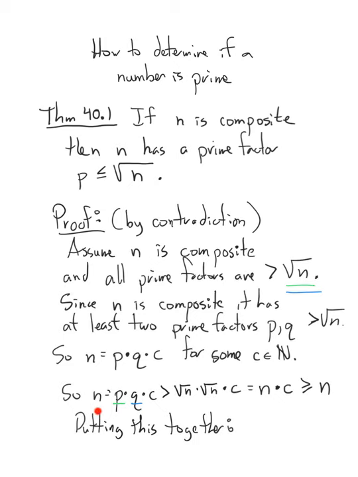We started with n, and we got that it was greater than, and we ended with n. You can see all these inequalities are greater than inequalities, so we're not switching directions anymore. So this n is greater than that n. So we get that n is greater than n. But n is never greater than itself. There's our contradiction.